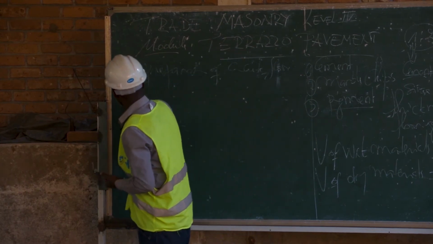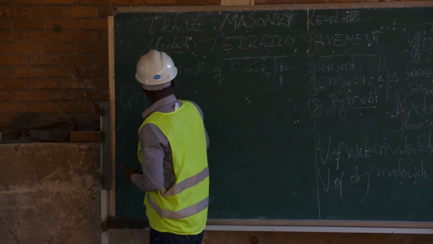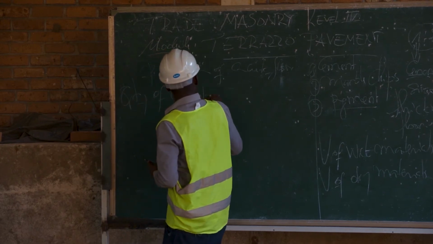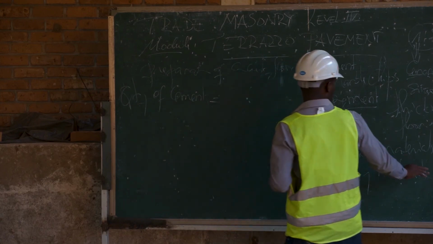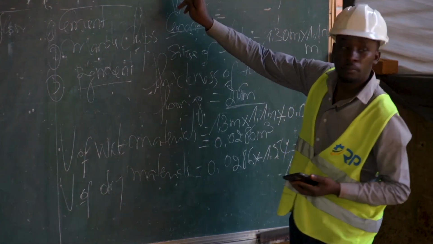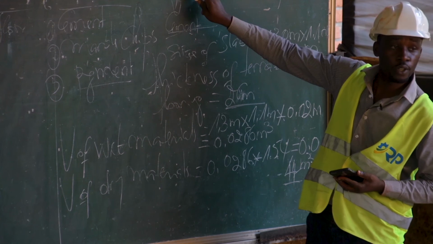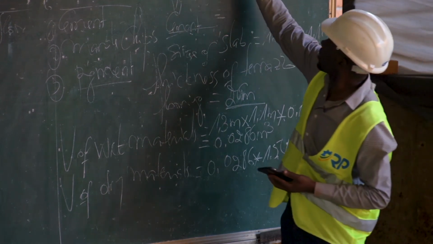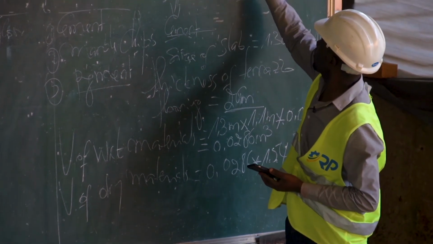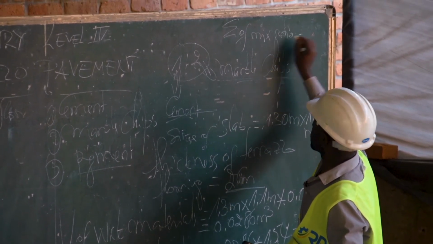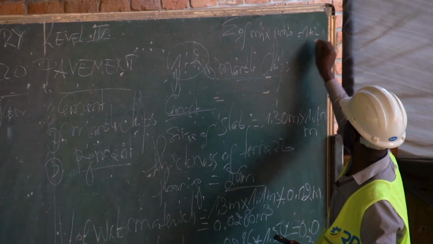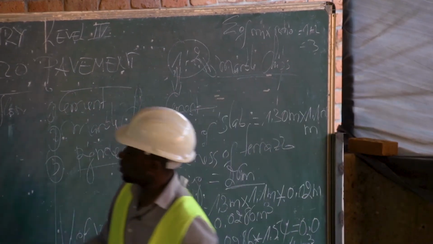Then the quantity of ordinary Portland cement will be equal to the ratio of cement over the sum of the mix ratio, which is 1 plus 2, 3.